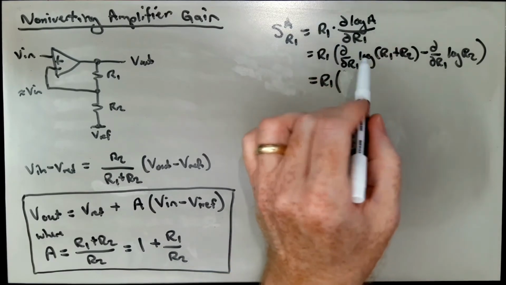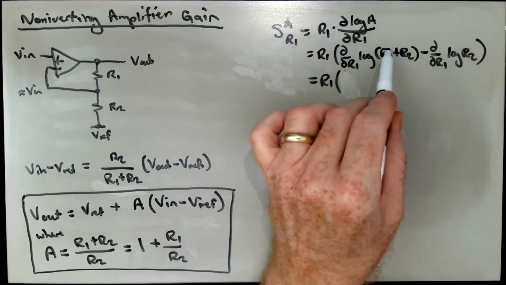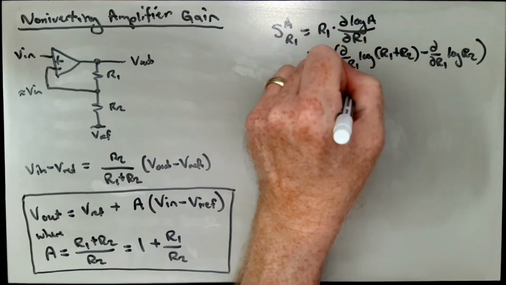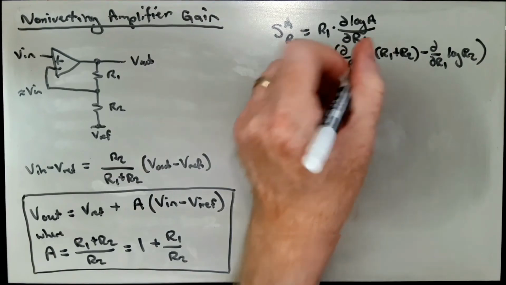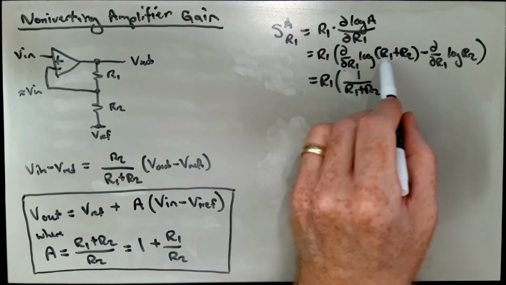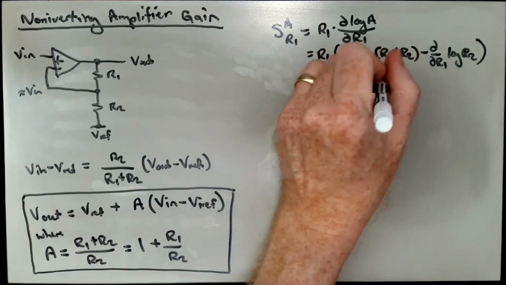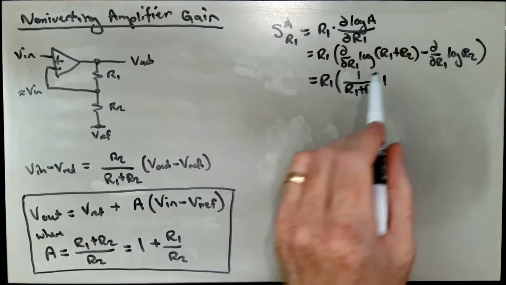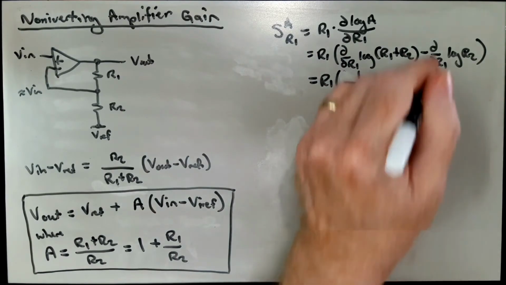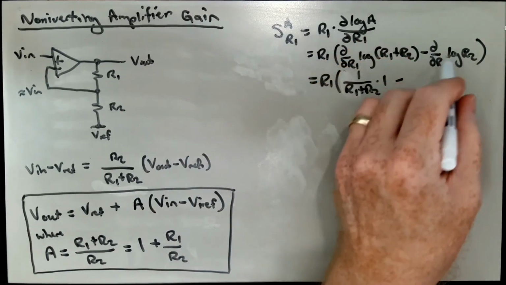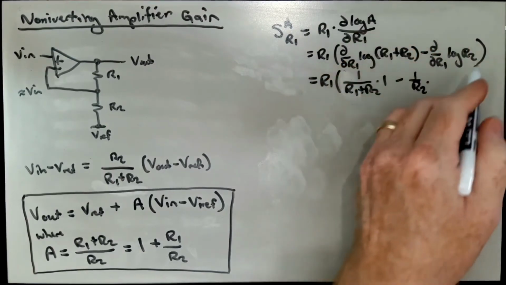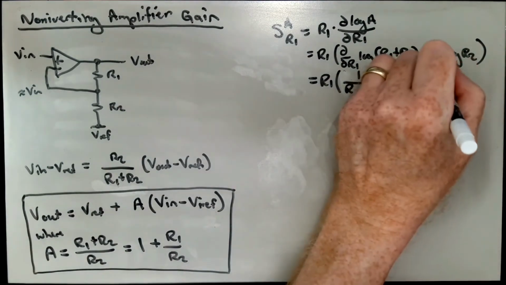So the derivative of a log is 1 over the thing in parentheses, so it's 1 over R1 plus R2, times the derivative of the argument with respect to R1. Well, that's going to be just 1. Right? The derivative of the sum of R1 and R2 with respect to R1 is just 1. And we have minus 1 over R2, and then dR2 dR1, that's just 0.